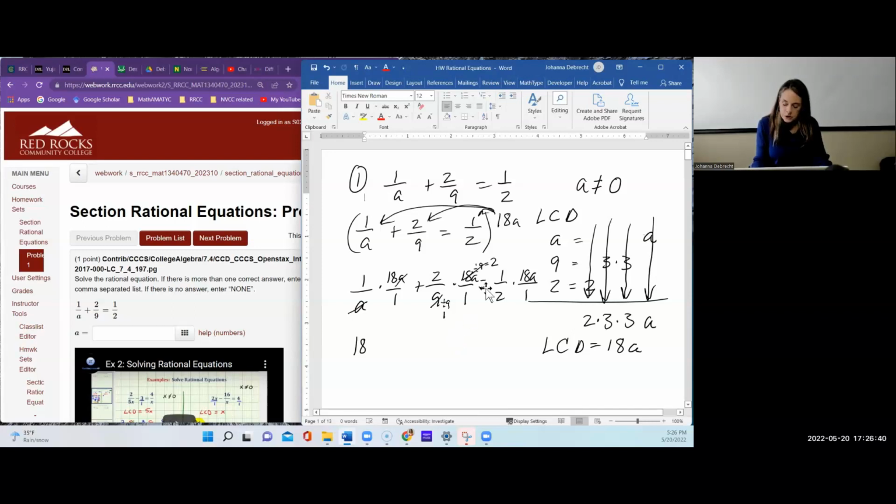That gives me a 2 in the numerator multiplied by the other 2, which gives me a 4. The a tags along to give me 4a. Then I have 1 over 2 times 18a over 1. 18 is divisible by 2, and that will leave behind the 9a.